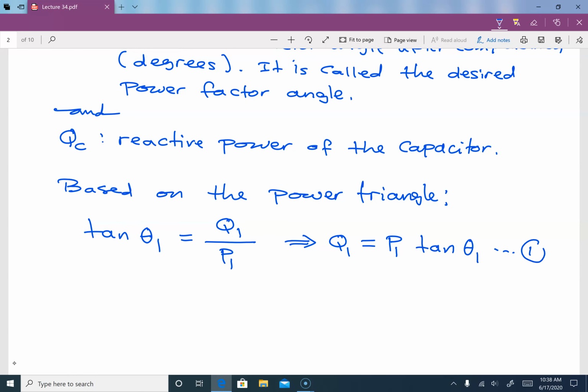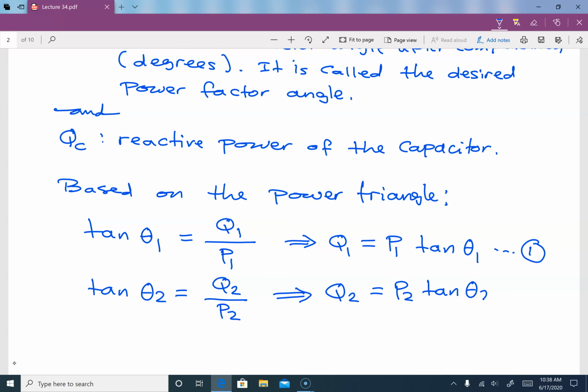And this is our first equation. And we have tangent theta 2 is equal to Q2 over P2. And this will give us Q2 is equal to P2 tangent theta 2. And this is our second equation.